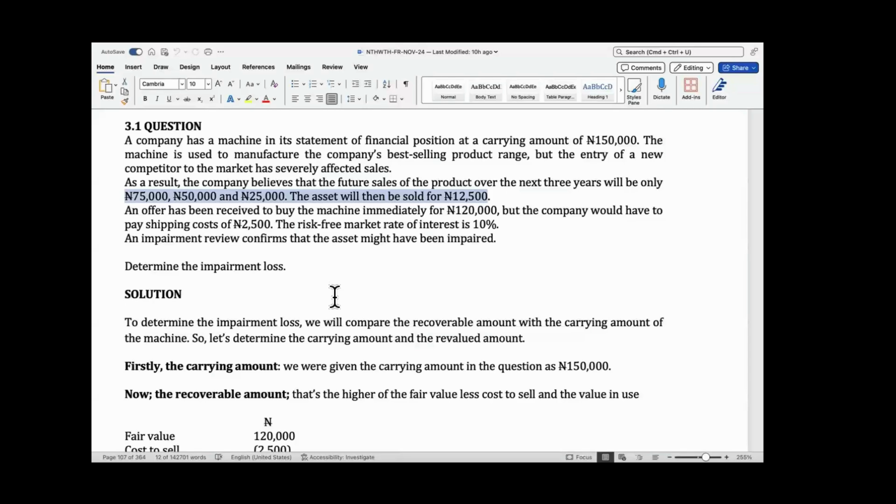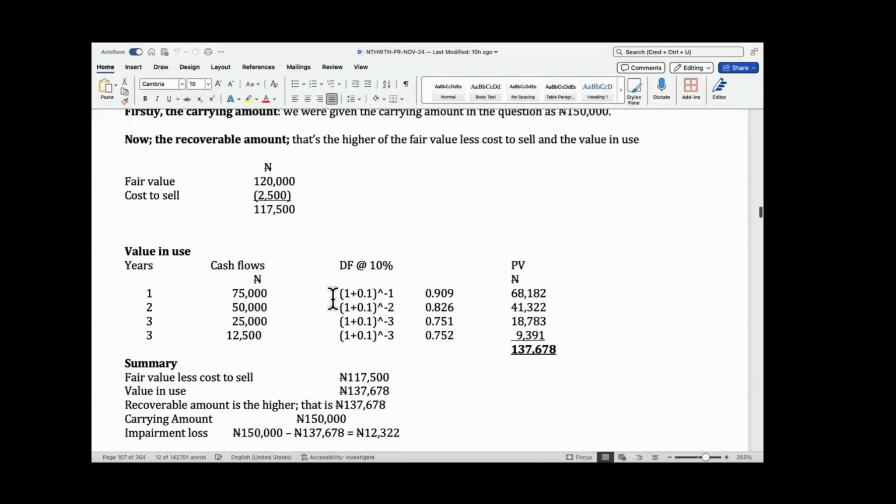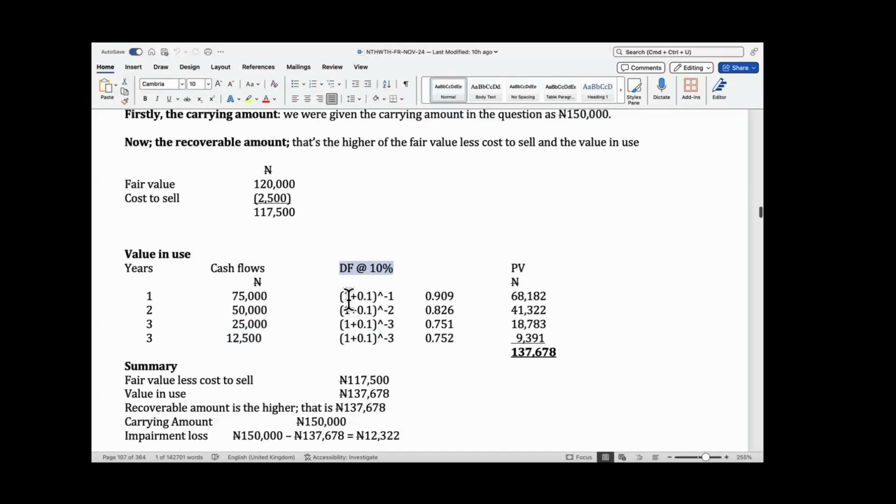I just need to discount them to present value. So for my value in use, years 1 to 3: year 1, 75, year 2, 50, year 3, 25, and year 3, 12.5, which is how much I can sell the asset for eventually. It's also an inflow. They gave me a discount rate of 10%.